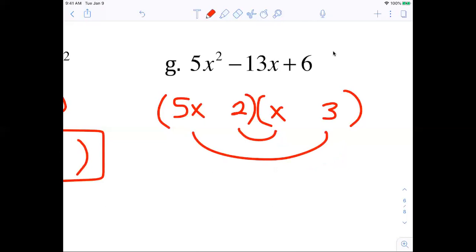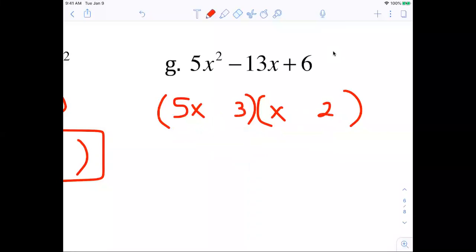Now, if I had positive 15x and negative 2x, or negative 15x and positive 2x, those both would give me 13. In fact, here I would get negative 13, so I'm in good shape in the middle. But the problem is the last two terms have to be of the same sign to give me positive 6. So this is a bit of a tricky one, that 2 and 3 do not work in that combination.